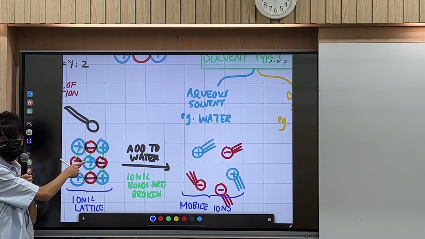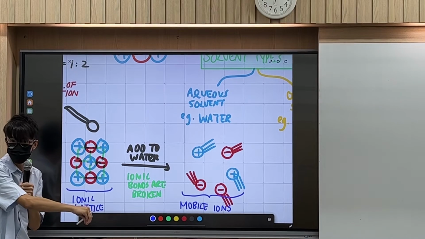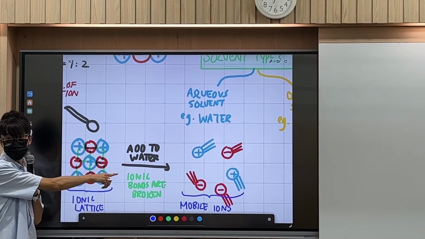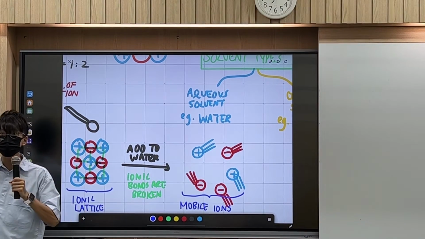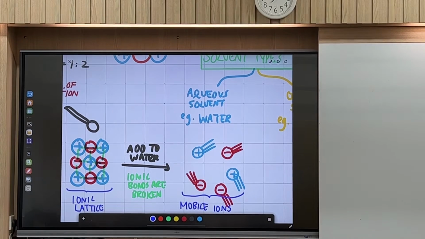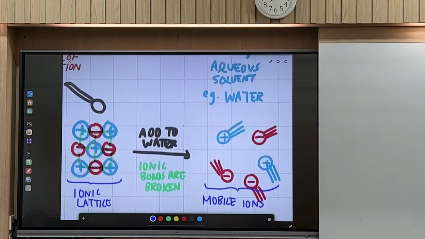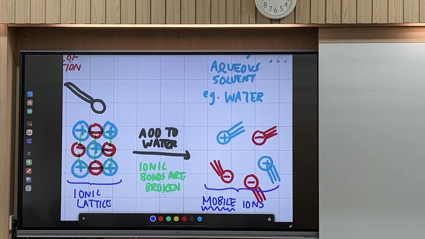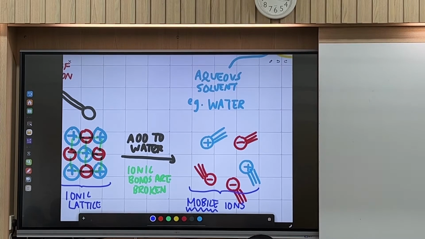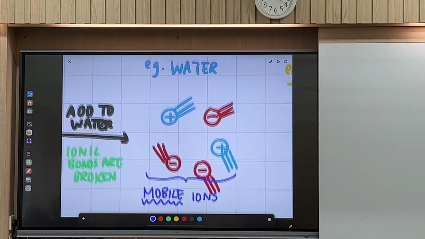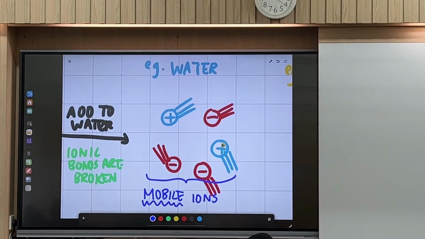They can't move. But once you add water to them, you free them. The ions now have a very great degree of freedom. To emphasize that they can now move, we use the word mobile. So don't invent your own term, don't say free ions or something like that. We say mobile ions.